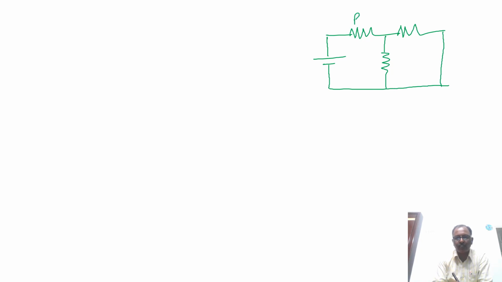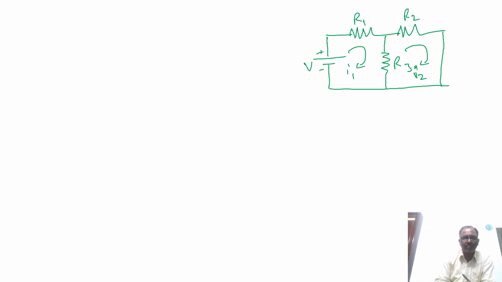Here the resistances are R1, R2, R3, and a voltage V, and this loop current I am taking as I1, and this loop current I am taking as I2. Now I want to find I1 and I2. For that we need to develop the loop equations by using KVL. Here we are having two loops. This is the first loop and this is the second loop.